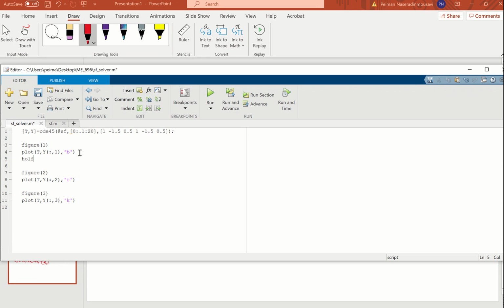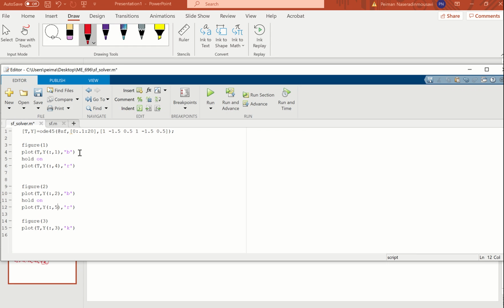See? Hold on. x1 with x4, and change the color red. Then hold on, look at here. Again, I'm putting everything blue to compare controlled version with uncontrolled version.